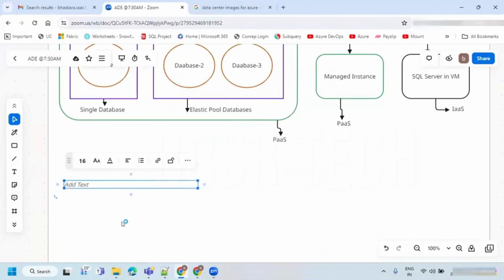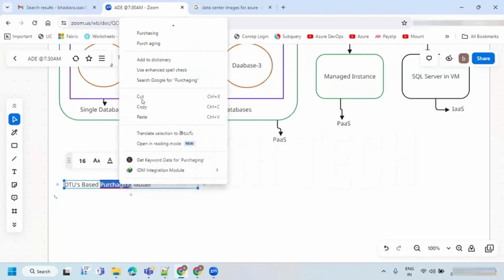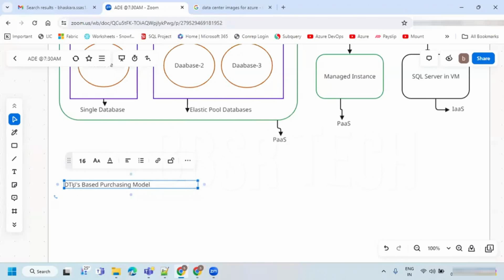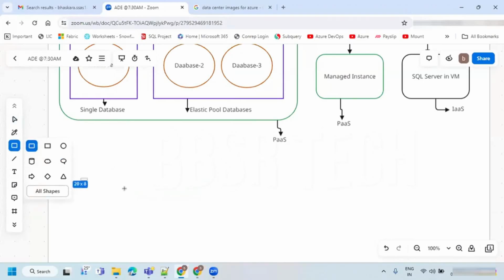So one is DTUs based purchasing model, and let me keep this with the boxes.